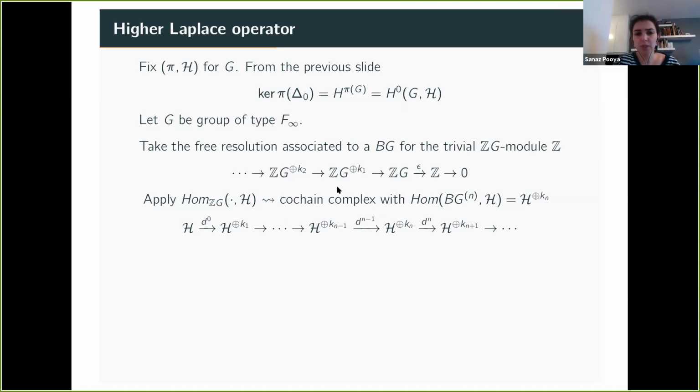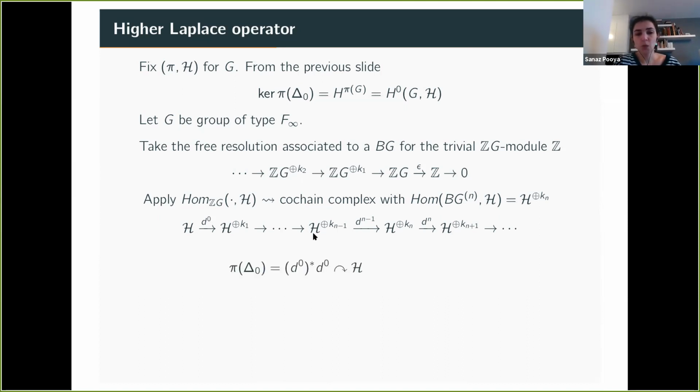Just a remark that I did not introduce the connecting maps here, but one thing to keep in mind is that these connecting maps live inside matrices over the group ring, and then when we move here, inside matrices with values here.